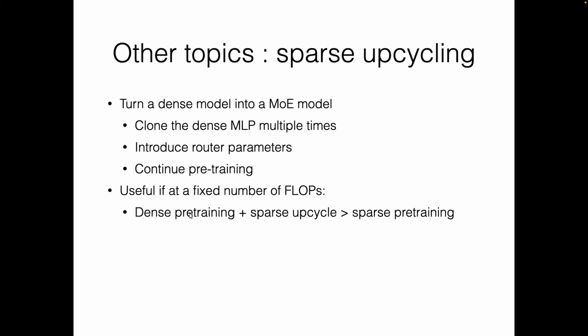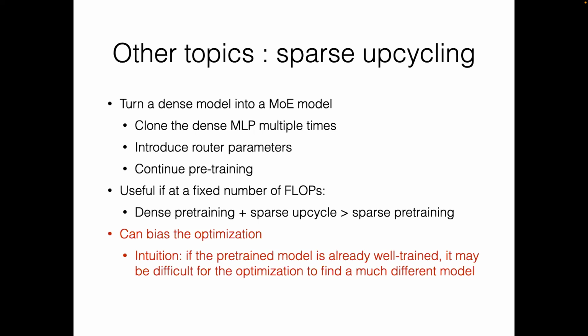But if you think about it in terms of pre-training, then this is useful if the flops that you spend on pre-training plus the flops you spend on the sparse upcycle ends up with a model that's better than if you just do sparse pre-training from scratch. That's the kind of reasoning that a company might go through. Should we sparse upcycle or should we train a model from scratch? And in fact, some of the companies have actually chosen to sparse upcycle. And then of course others have pre-trained from scratch.